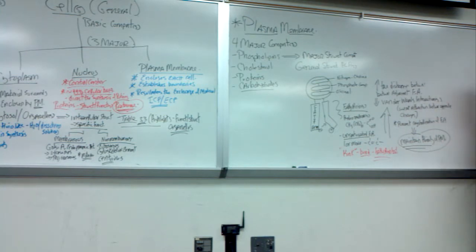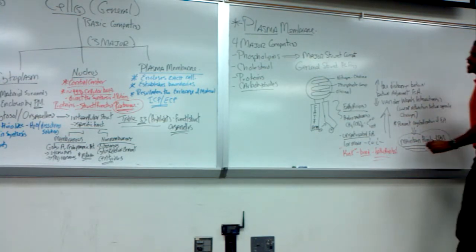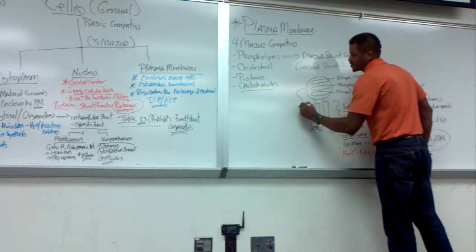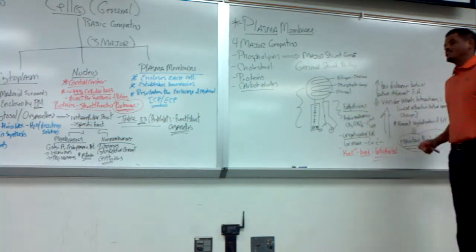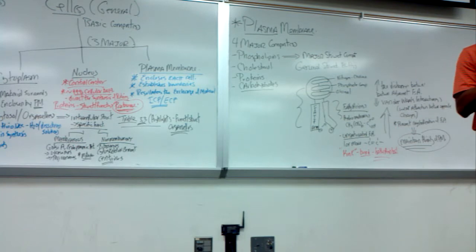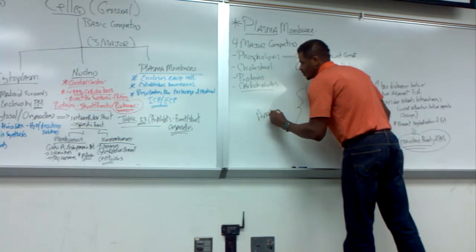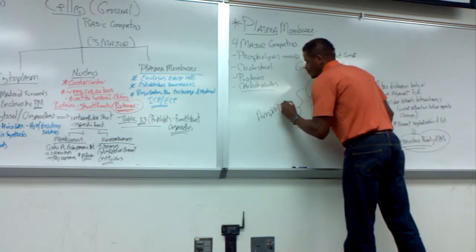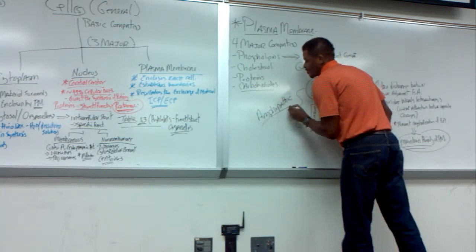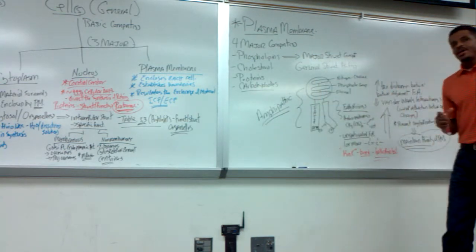Now we know when we take a look at the general structure of the phospholipids, chemically they are referred to as what? Amphipathic. So they're amphipathic molecules. And what do we mean when we say amphipathic? They have both a what? Hydrophobic and a hydrophilic region.